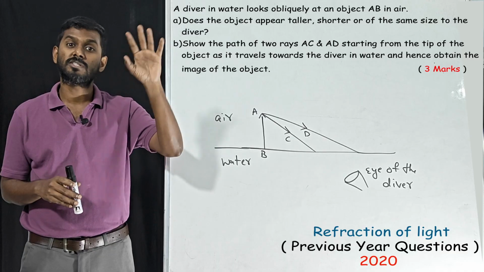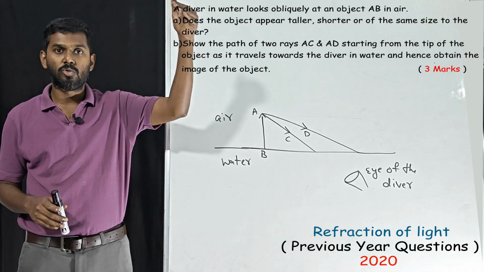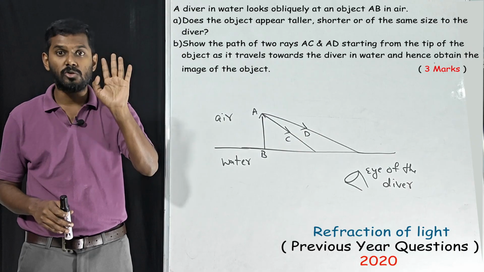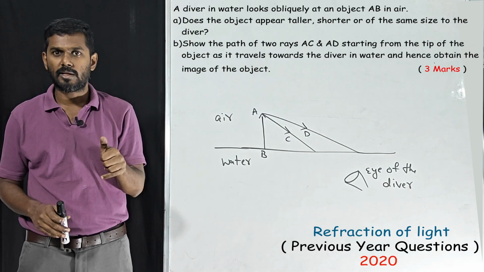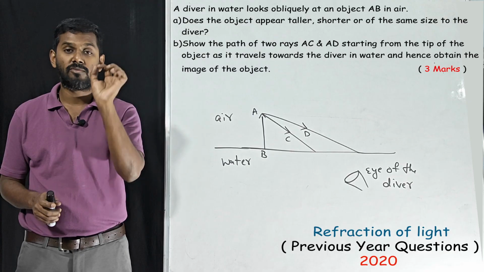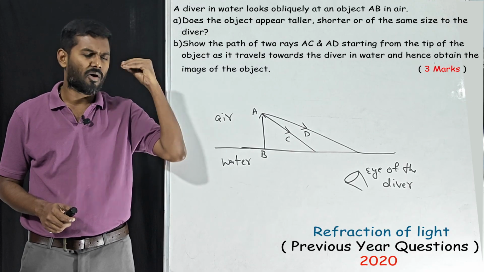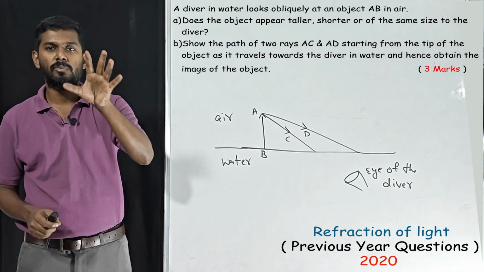In part B, in one main we have 3 questions and 2 questions are very easy for you, and because of the word obliquely you are going to lose marks. So whenever you are learning a concept in physics, learn the meaning of all the words, then everything will be easy for you.